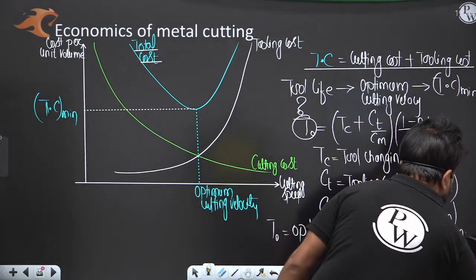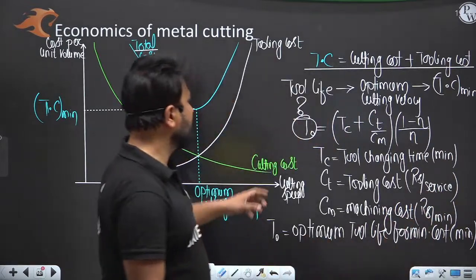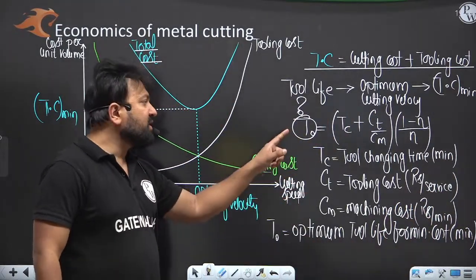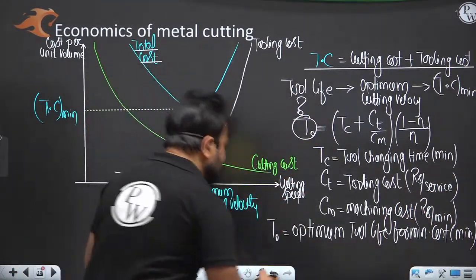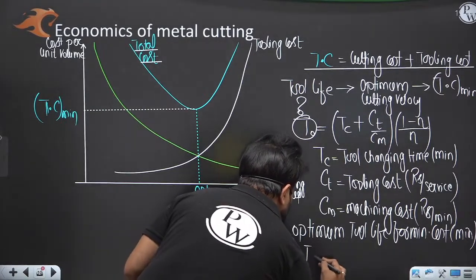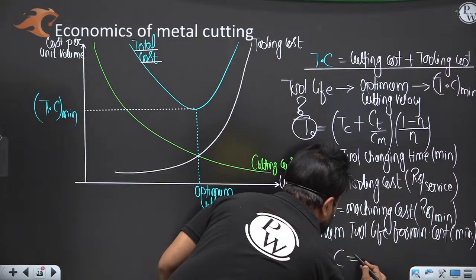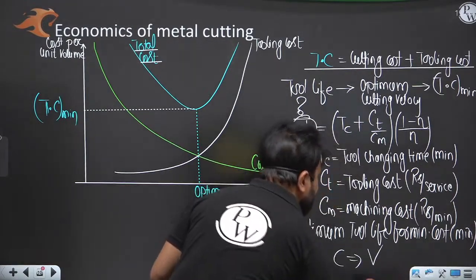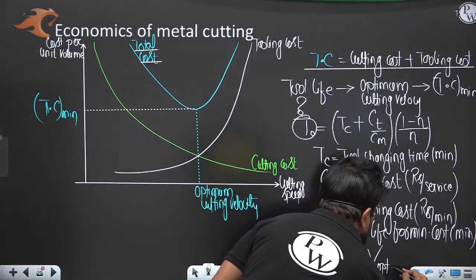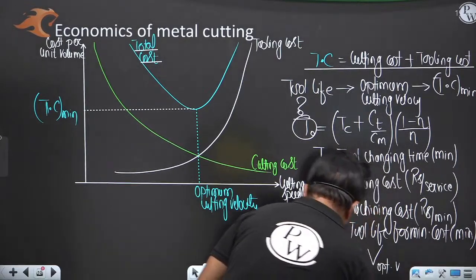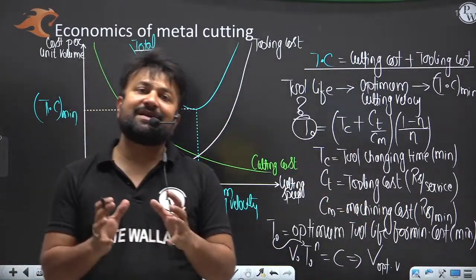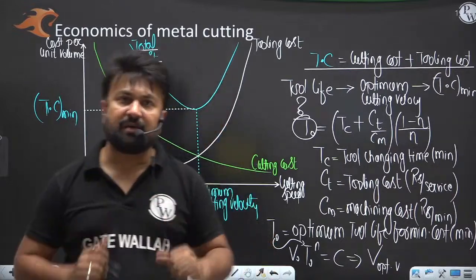And the unit should be in... When you find out the value of T naught from that equation, then use V T naught to the power n equal to C. From T naught you can get that optimum velocity, where you will get the total cost.